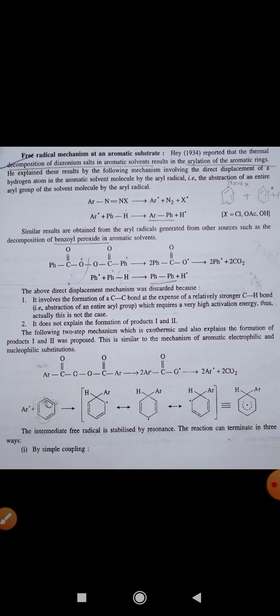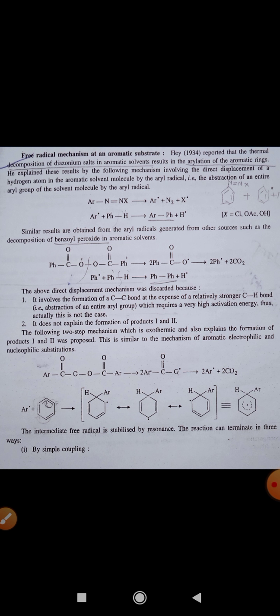When such diazonium salts are decomposed in organic aromatic solvents, they give arylation of aromatic rings. In the following mechanism we can see that such diazonium salts give the formation of an aromatic free radical by evolution of N2 and removal of a halogen free radical.